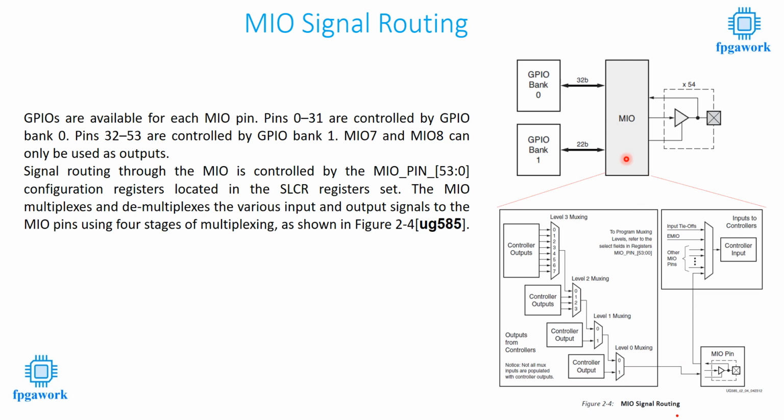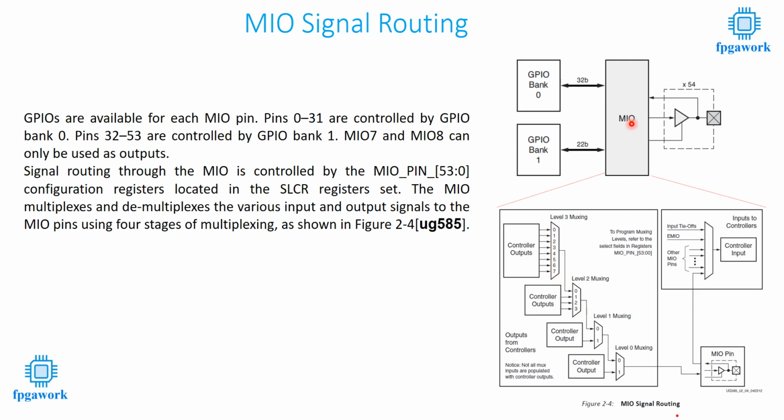multiplexed IO peripherals. In Zynq 7000 we have 54 MIO pins, and each pin can be independently programmed, and each pin has a 32-bit register to configure it. The pins can be configured as input, can be configured as output, and they also have different levels of mux.